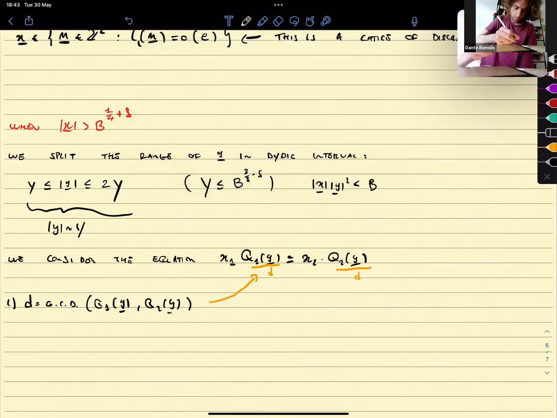But now we use the fact that x1 and x2 need to be coprime.